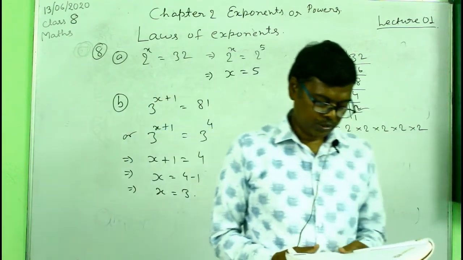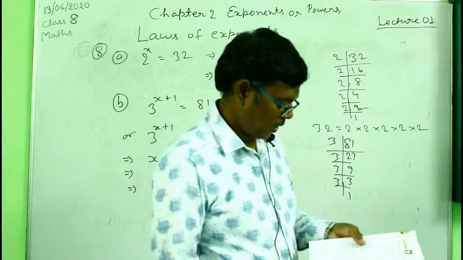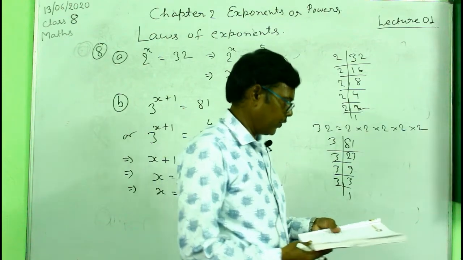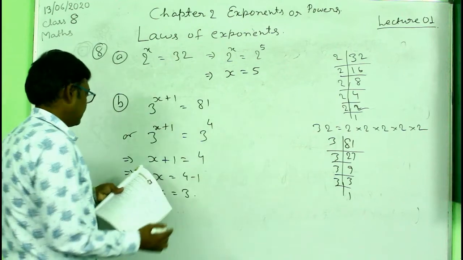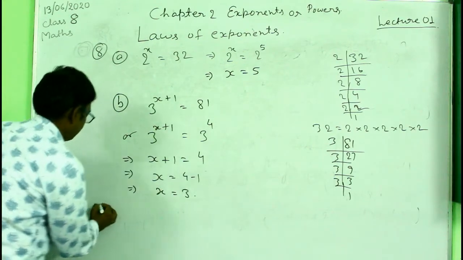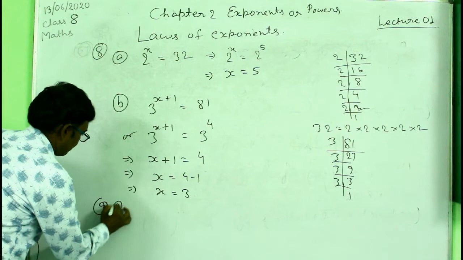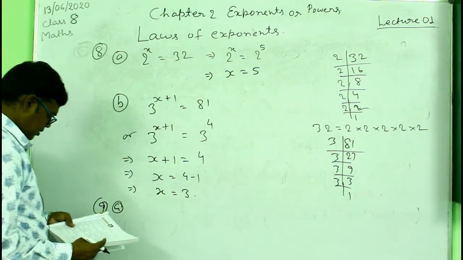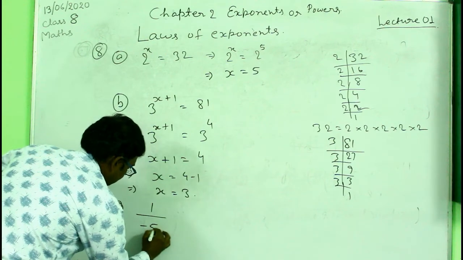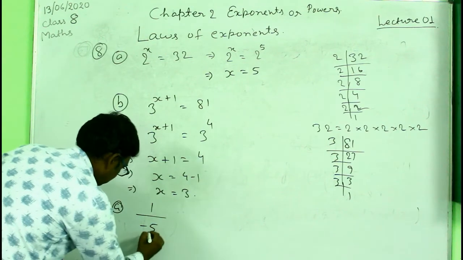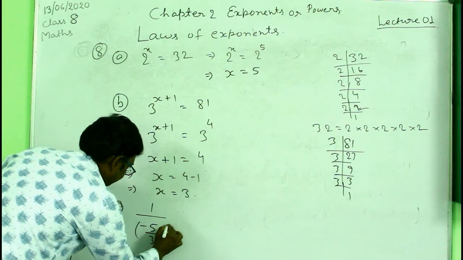Okay, so now question number 9. Find the values of the following. Question number 9a: 1 by (minus 5 by 3) square.